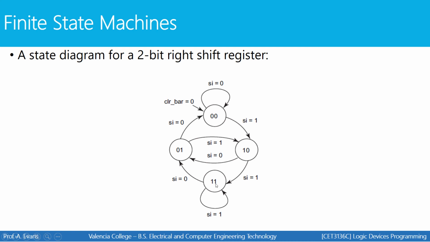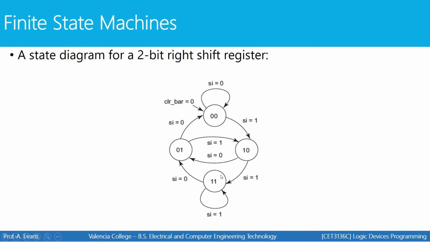So a state diagram is going to show, once again, every possible output state for your design. It's also going to show every possible option based on your inputs. So you'll notice with each particular bubble, I know what's going to happen if my single input, SI, is a 0 or a 1.